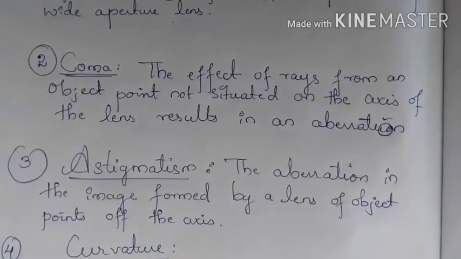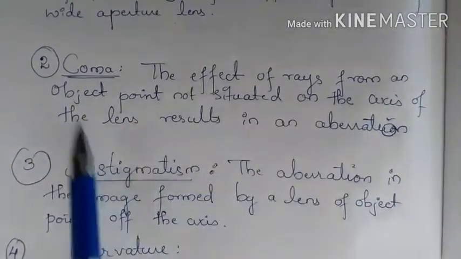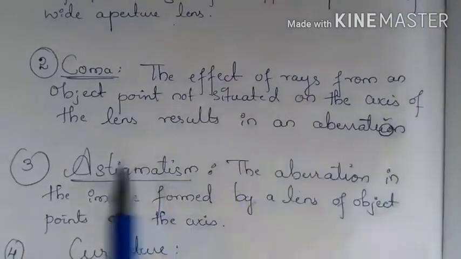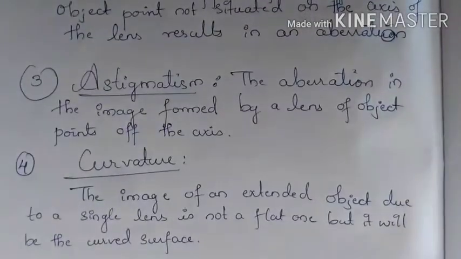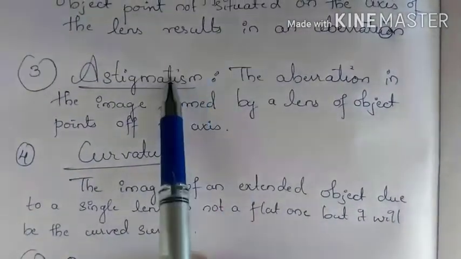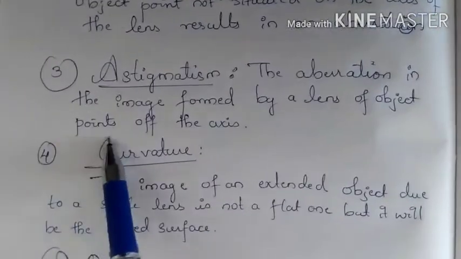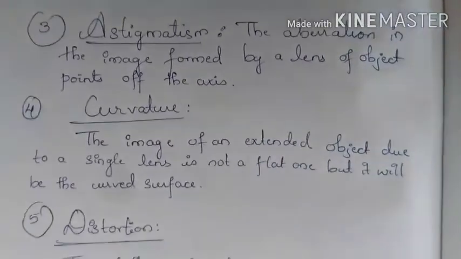In the second, coma aberration, there will be rays from an object point which are not situated on the axis. So that gives the coma aberration. Astigmatism is again similar to the coma. Here you get rays from a point off the axis. So that gives the astigmatism.